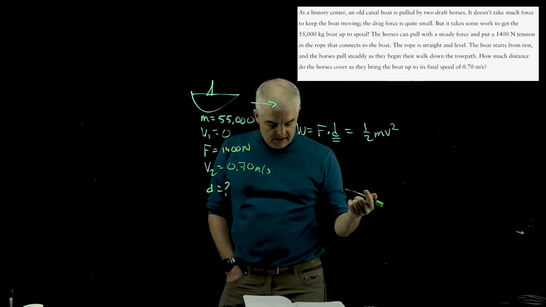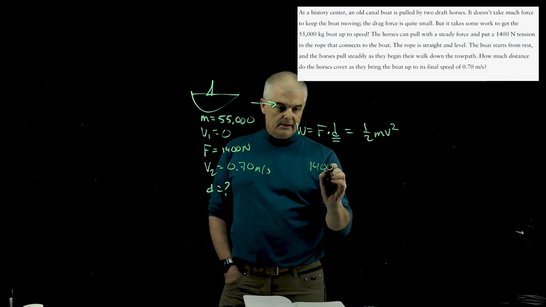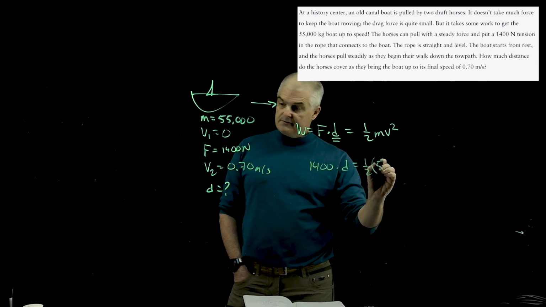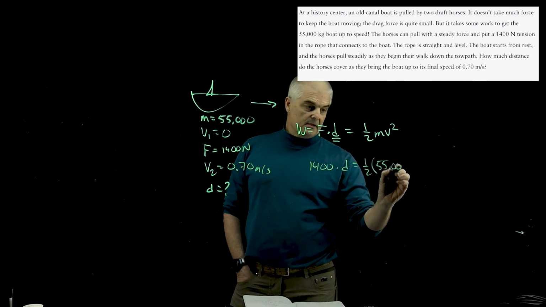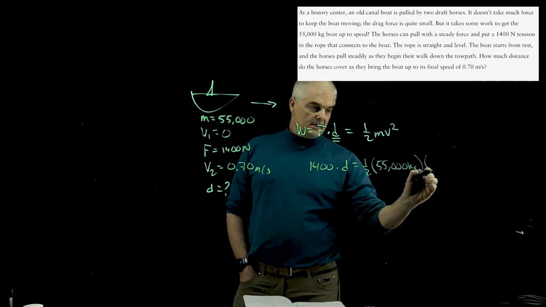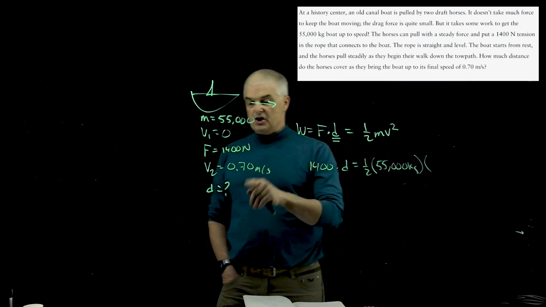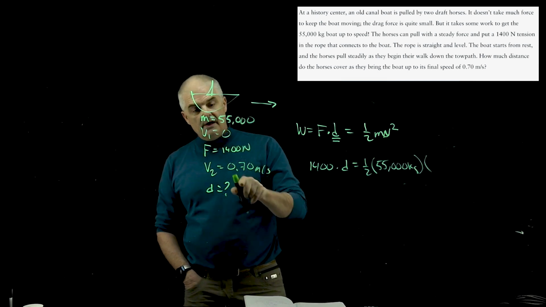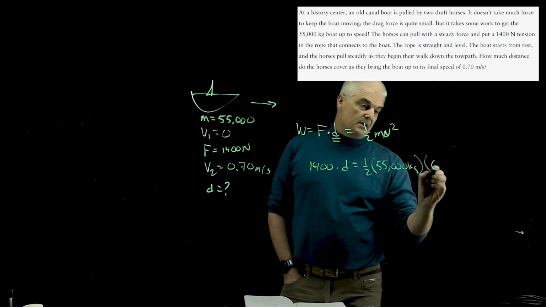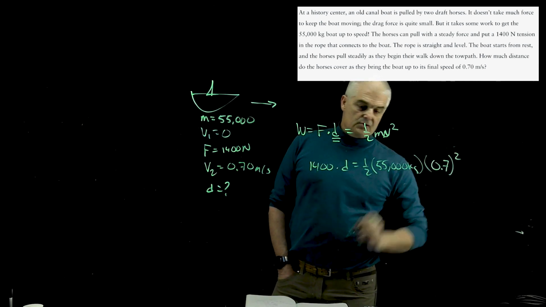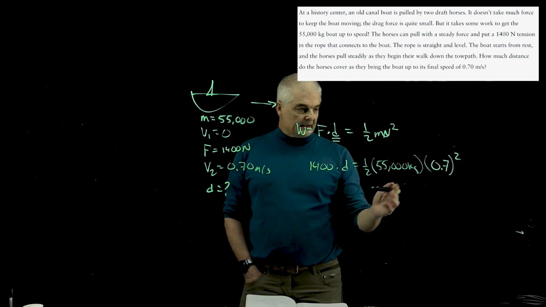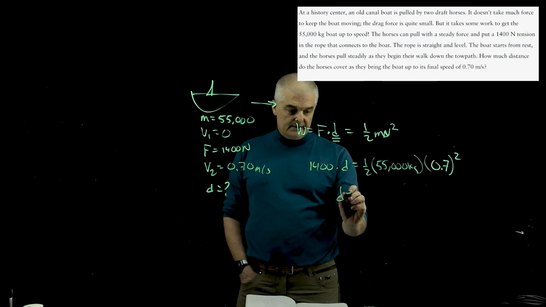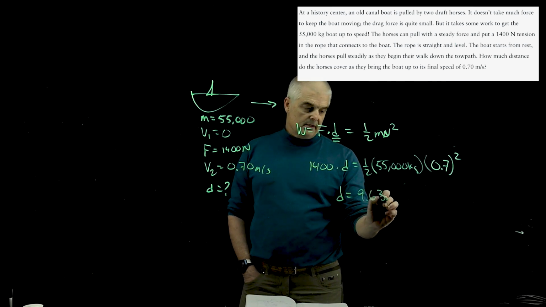So 1,400 times d equals 1/2 times 55,000 kilograms times your velocity. It's actually the change in velocity, from 0 to 0.7, so that's just 0.7 squared. I'm not going to belabor this, but you can do some algebra and solve this, and I get d to be 9.63 meters.